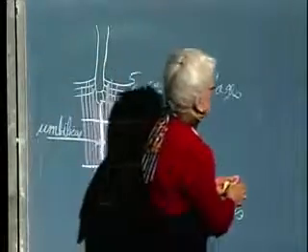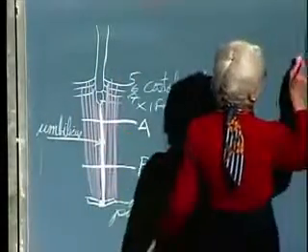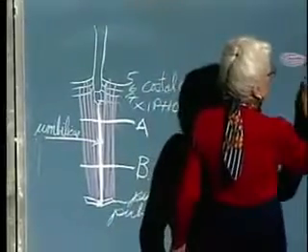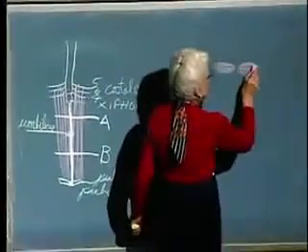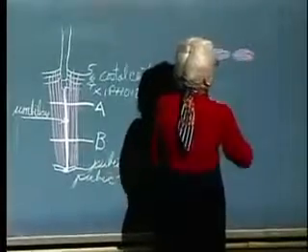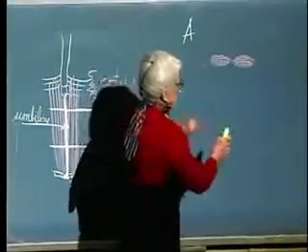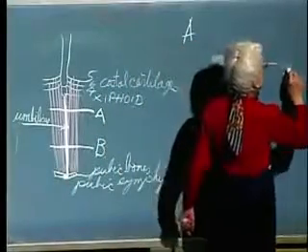So as we look at a cross-section here, we'll see two bellies of muscle. And this will be cross-section A. And we said this is rectus abdominis, obviously, right?